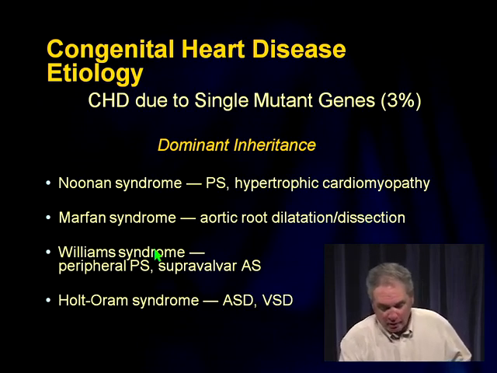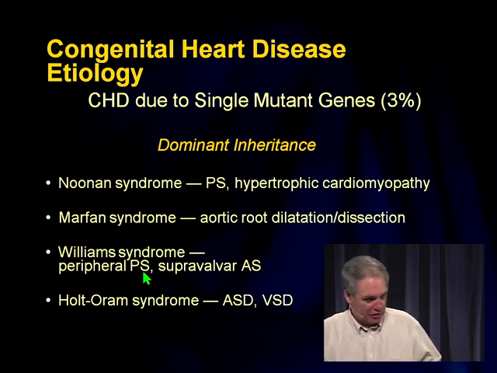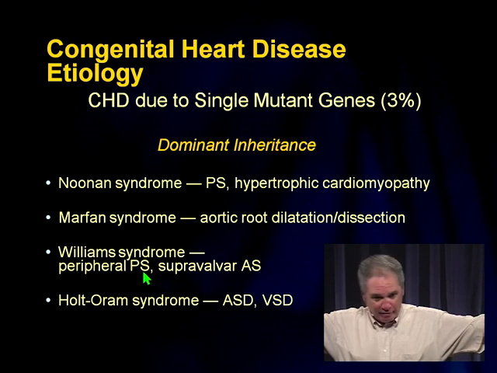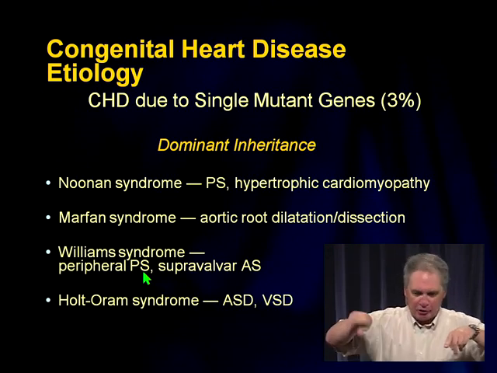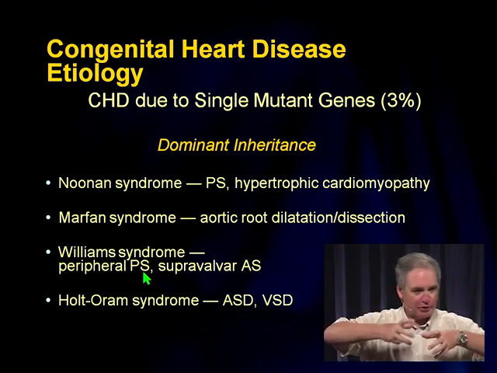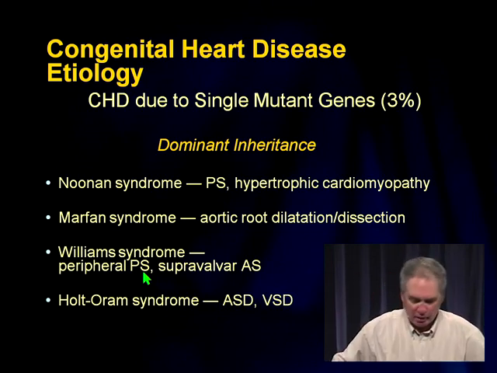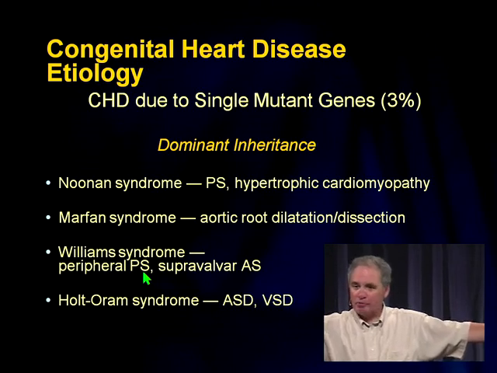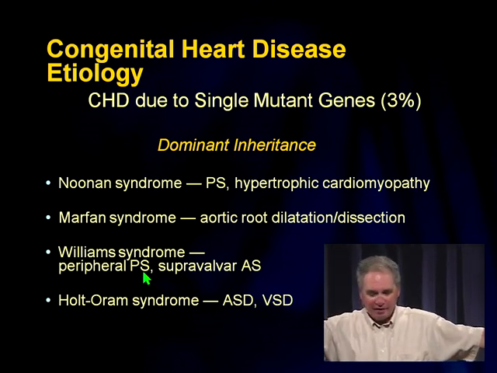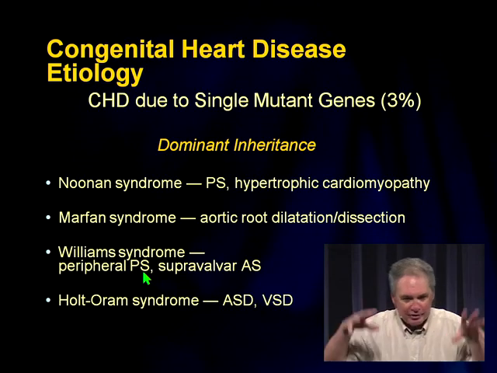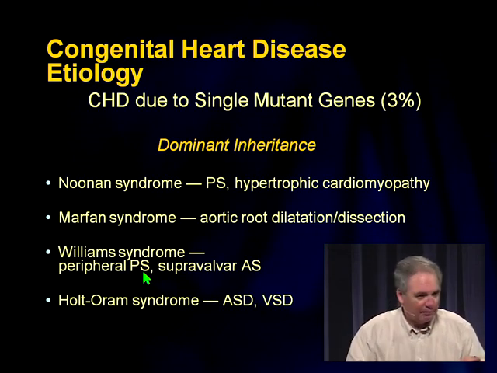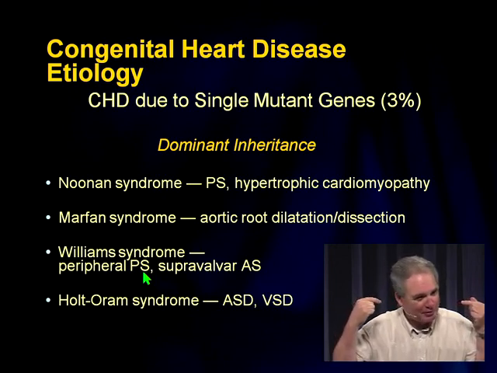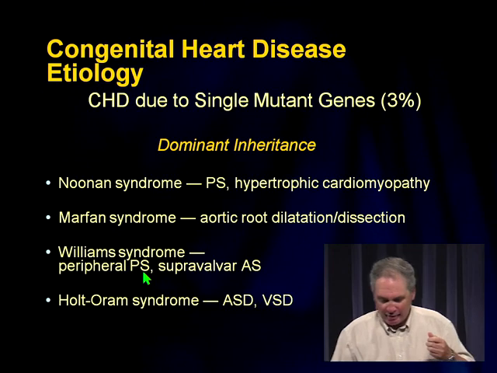Williams syndrome, okay, elastin mutations associated with peripheral pulmonic stenosis, abnormalities of the peripheral pulmonary vasculature, and I'll show it to you later, supravalvular aortic stenosis, so a narrowing of the aorta above the aortic valve. Holt-Oram syndrome, abnormalities of the limbs, association with ASDs and VSDs. Again, you should go into the boardroom knowing this. Okay, and there's no good way to do it. Got to go download it onto the hard drive. That's all there is. Okay, so dominant inheritance.